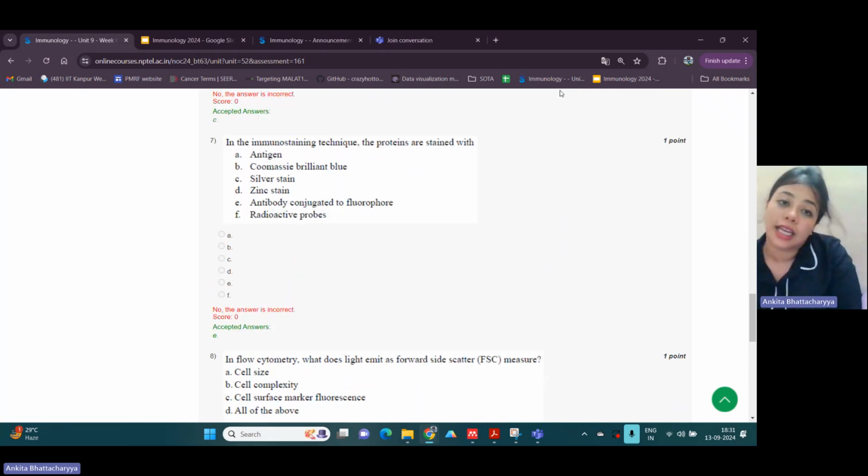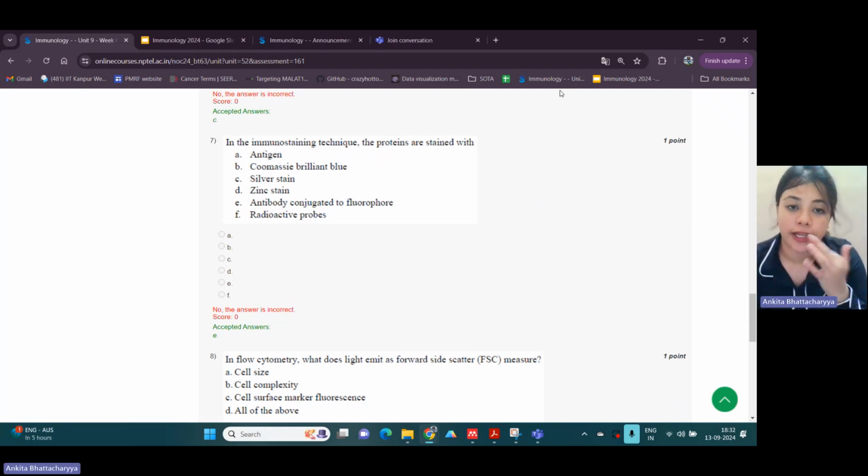Then we were asked that in the immunostaining technique, the proteins are stained by: the antigen, Coomassie brilliant blue, silver stain, zinc stain, antibody conjugated to a fluorophore, or radioactive probes.